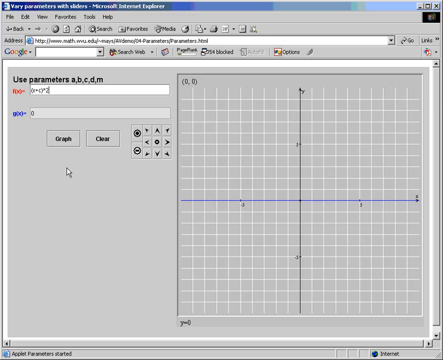Now when we hit graph, what's graphed is a particular choice for c. If you look under this g of x, the blue curve that's graphed has the value 1 for c. Also what appears at the bottom is a slider.